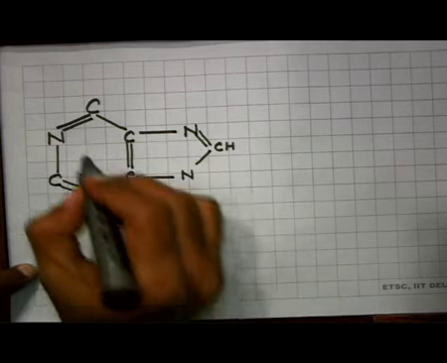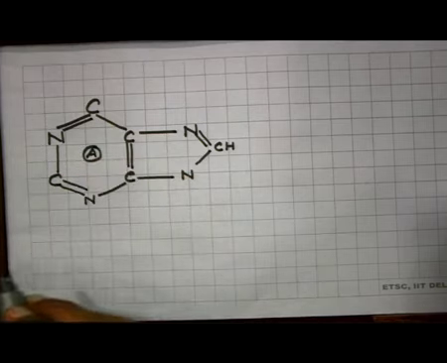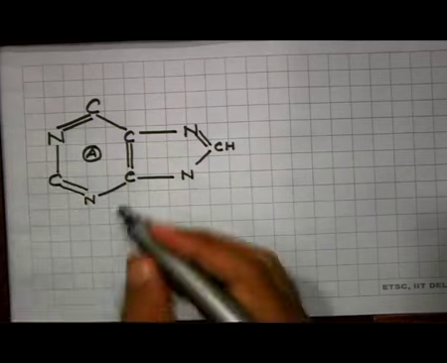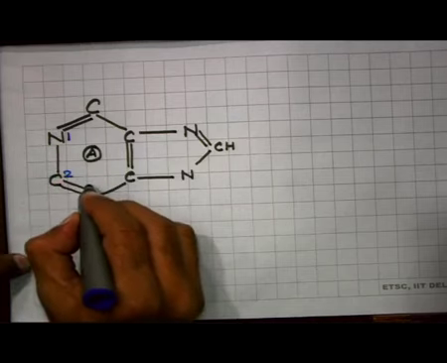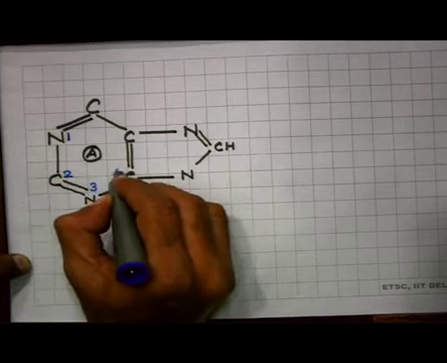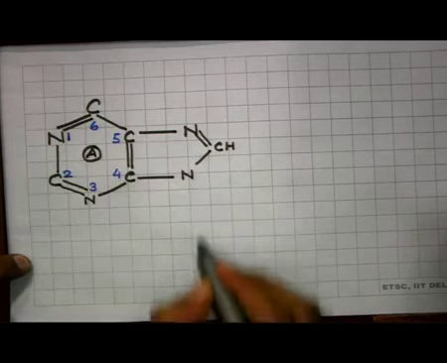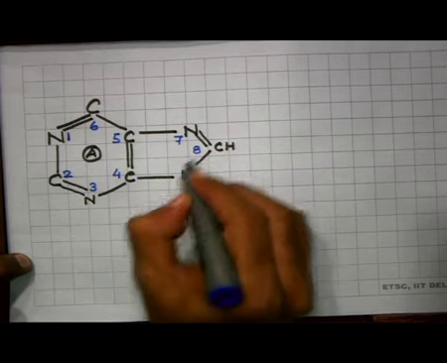In adenine the numbering will be 1, 2, 3, 4, 5 and 6, this one 7, this one 8, this one 9.